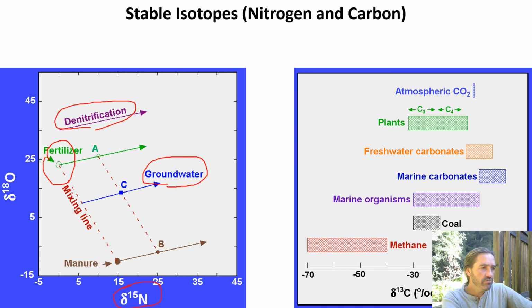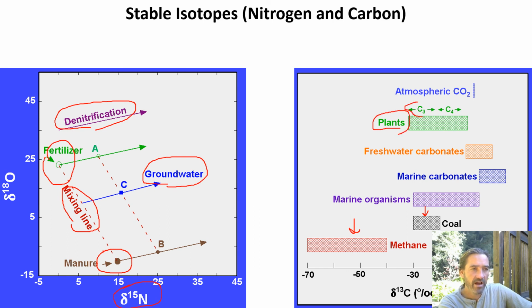And so this is useful information in tracking and tracing different sources within the environment. We can also do it with carbon because, again, different sources of carbon have a different fractionation. Even plants, different types of plants have different fractionation. There is a short mention of wheat and corn and how they fractionate CO2, carbon-13, differently.